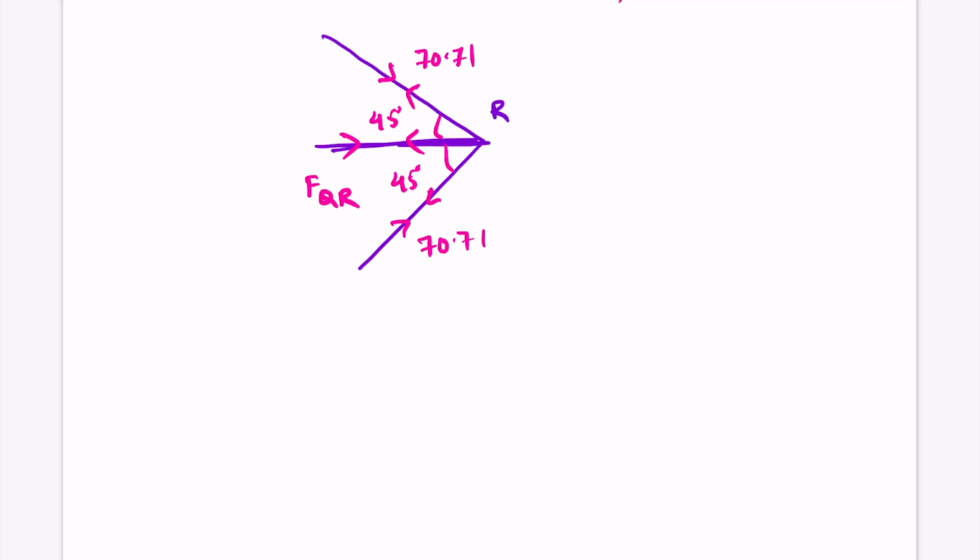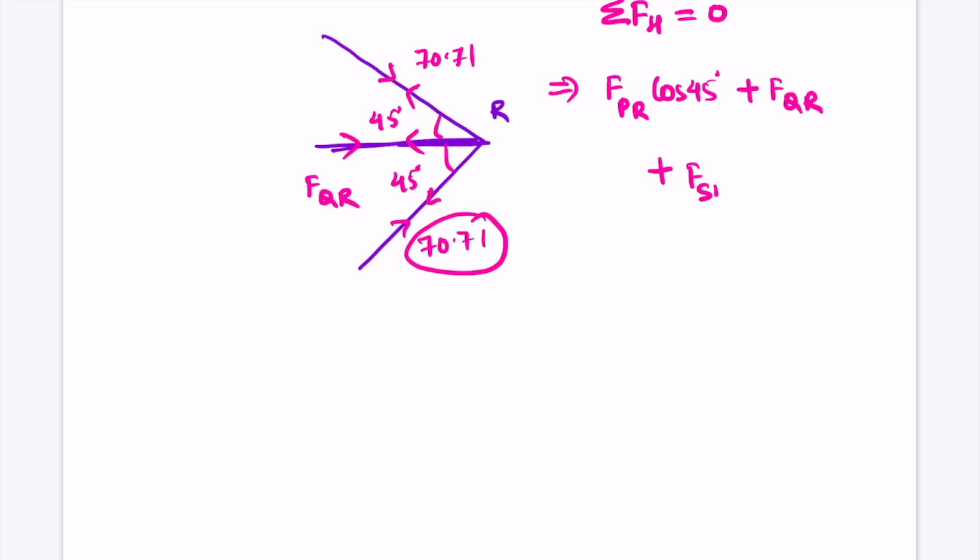Now we can use the equilibrium condition as summation of force in horizontal direction to be 0. If we do that, we get FPR, which is 70.71 cos 45 degree, plus FQR, plus FSR, that is 70.71 cos 45 degree, equal to 0, right?